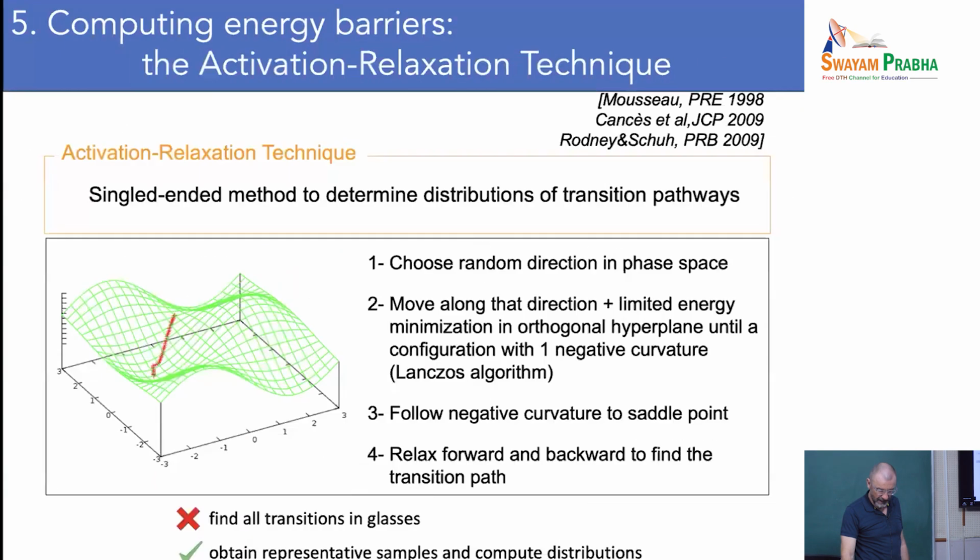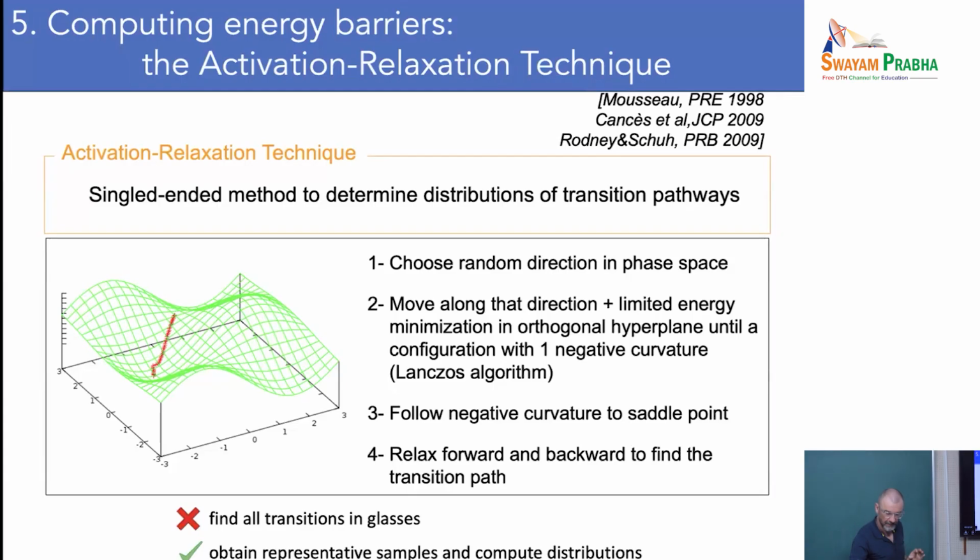They can be used, and there are different flavors, but it's always the same idea. The one I like to use is called the activation relaxation technique, and it was developed by Normand Mousseau from Quebec, and then improved by people in France like Frédéric Cancès and others, and myself some years ago.